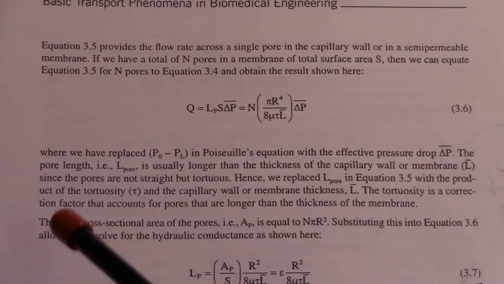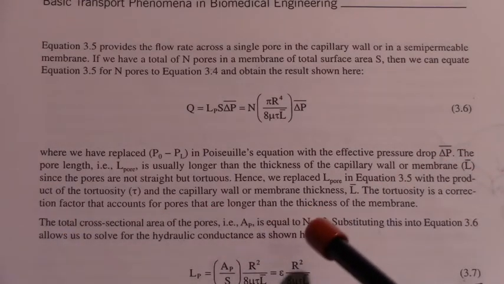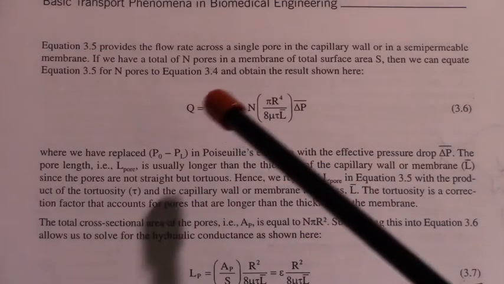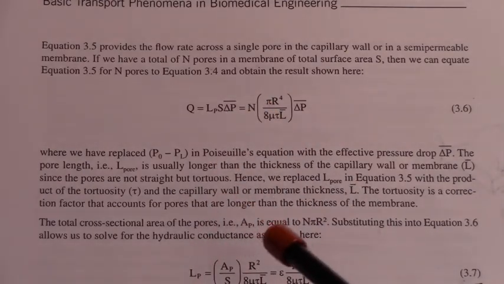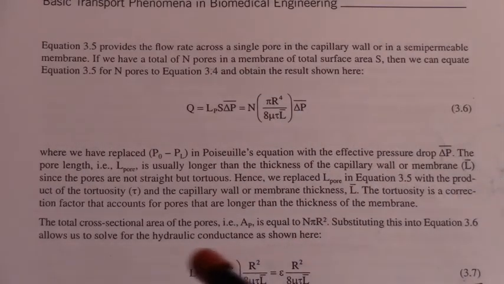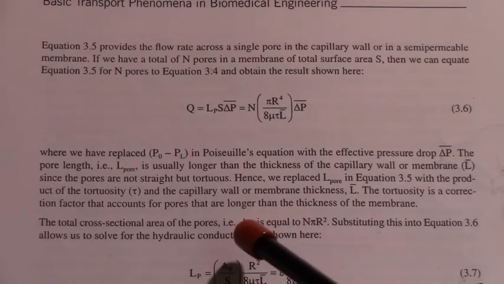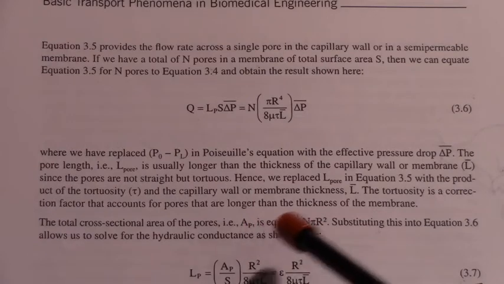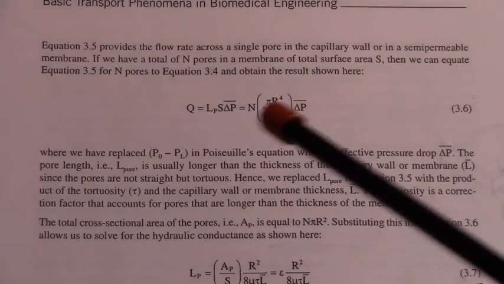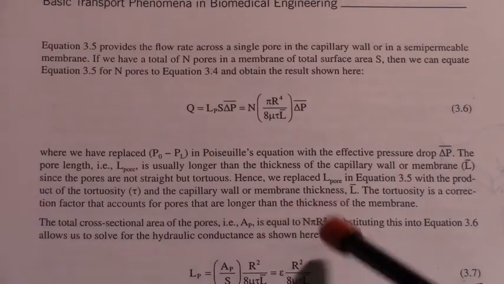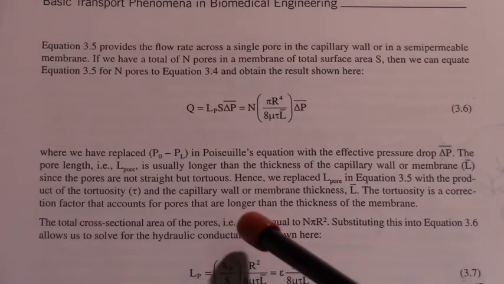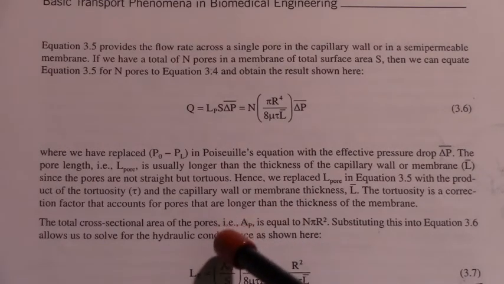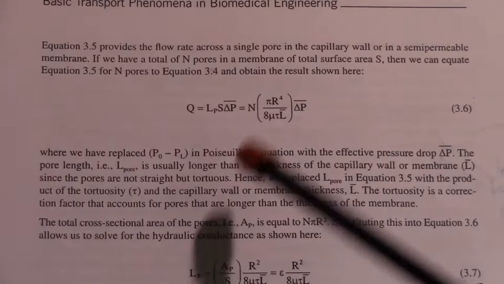The total cross-sectional area of the pores is equal to N times pi r squared. N times pi r squared is the total cross-sectional area of the pores, A sub p. Because pi r squared is the cross-sectional area of one pore, multiplying it by the number of pores gives the cross-sectional area of all the pores. So we can use this equation to solve for N in terms of the cross-sectional area of the pores.